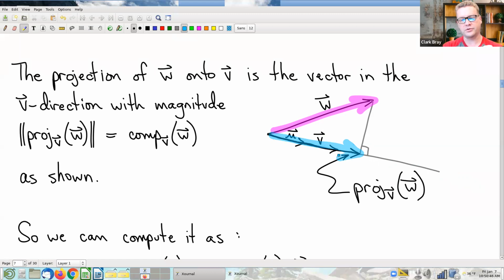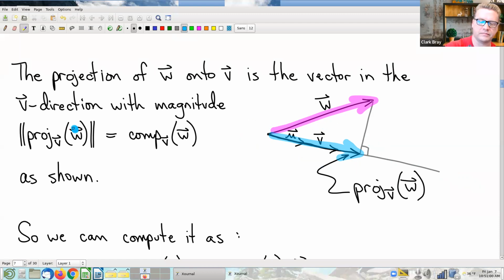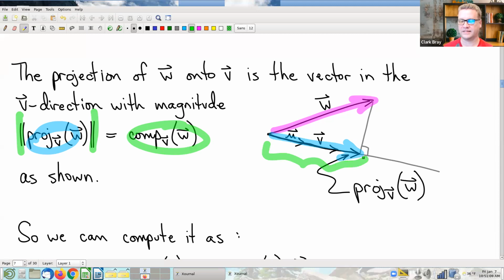Like if I were to look at the shadow vector, you might think of this as the shadow vector of W in this line defined by the vector V that we were given. Okay, so the projection, it's a vector whose magnitude is the component that we've previously talked about. Let me clean that up.